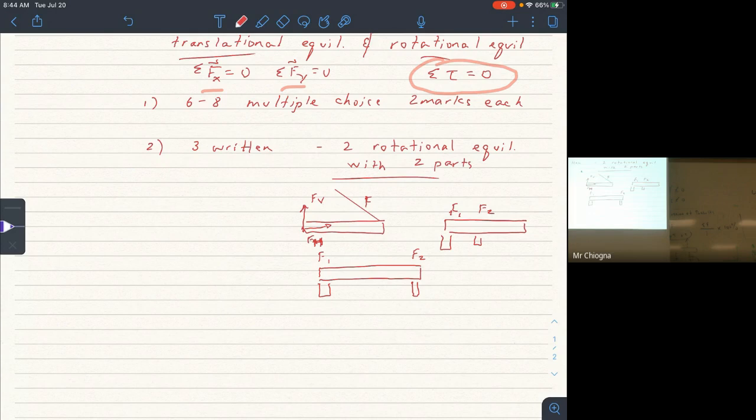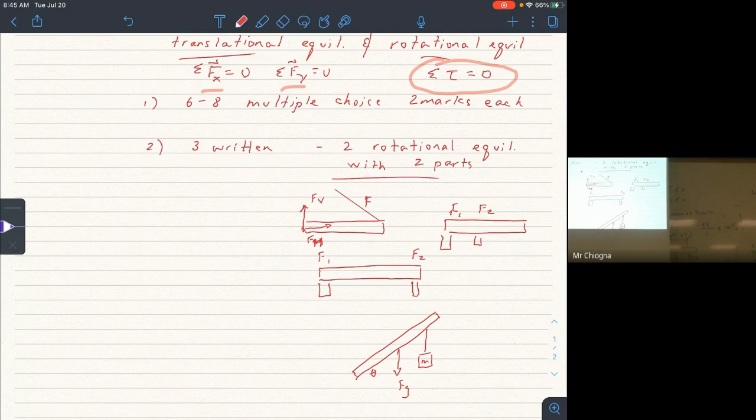We also did problems involving beams at an angle, not level with the ground, so be ready for those. There'll be a mass here somewhere, maybe a mass here, and the weight of the beam acting down this way. You'll be given the angle here. You have to know how to deal with the geometry.